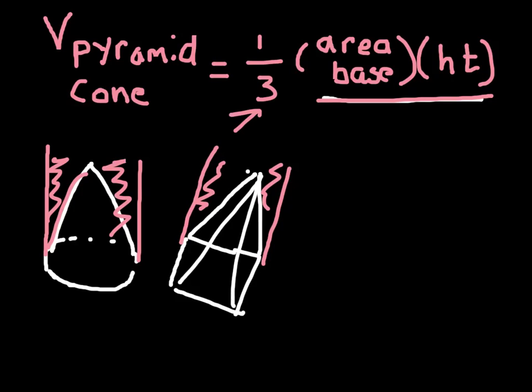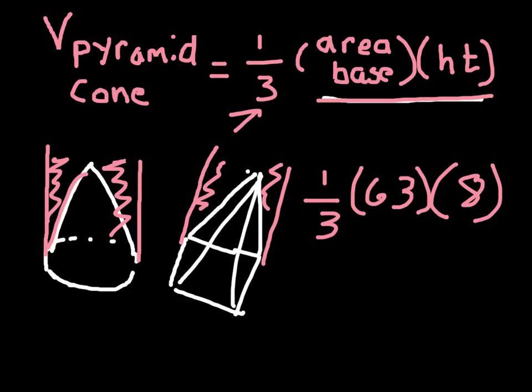Now there's a little arithmetic involved here with taking 1/3 of something. So for example, say that the area of the base in some example was 63. So say we found the area of the base, whether it's a cone or a pyramid, and it's 63, and say the height is 8. Now how do you take 1/3 times 63 times 8? There's a lot of different ways to do this.